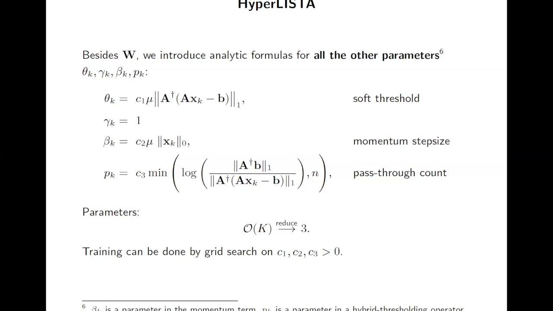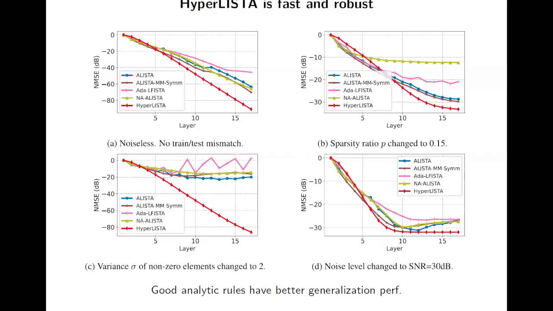So the number of parameters is reduced to three, even independent of the number of iterations. Since there are only three parameters, it's okay to search for them by hand, by just grid search, and we do it. The red curve measures HyperLISTA. It works pretty well and is very robust.